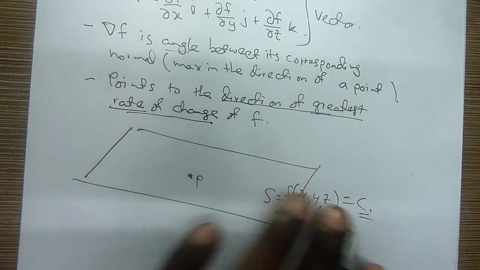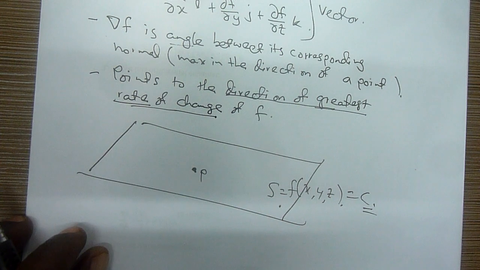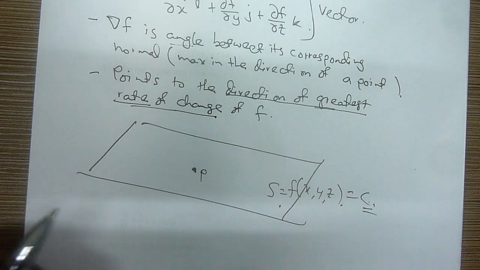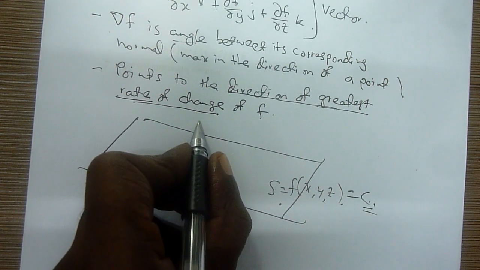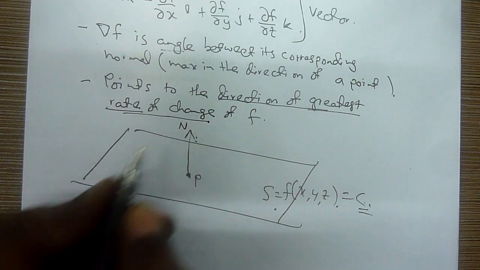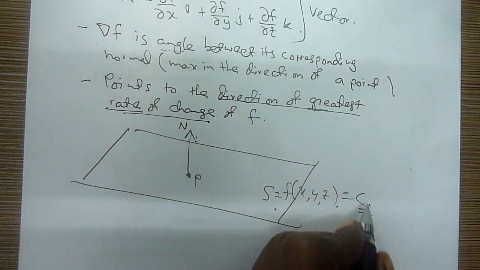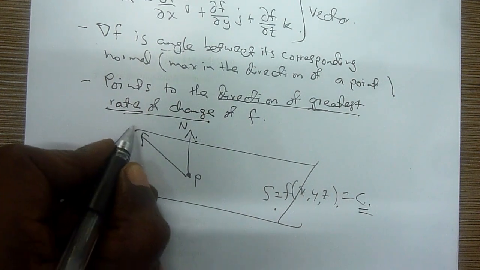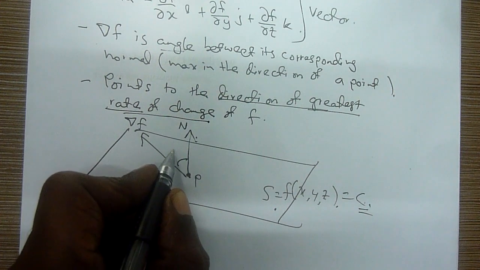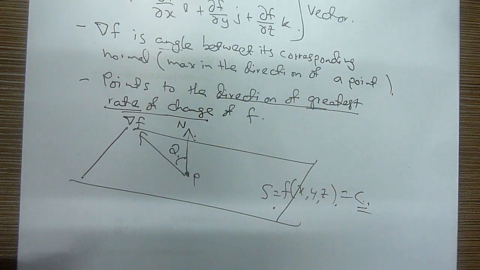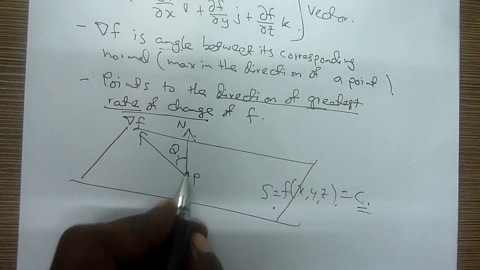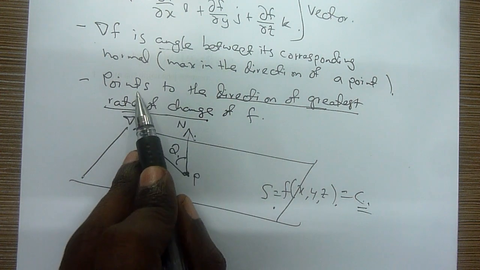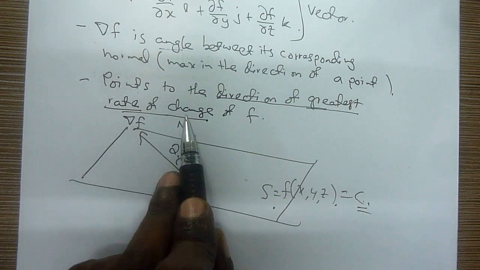We could take it as a constant because it's a flat surface. But assume, when I refer to the normal here, if it is not a constant, then you can see del F will exist here, and this particular change will be addressed as pointing to the direction of the greatest rate of change.